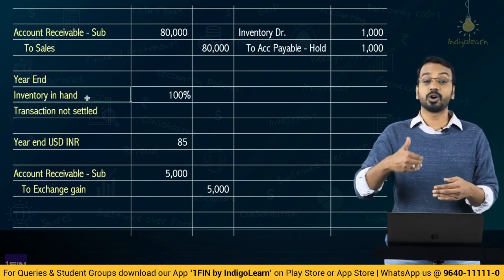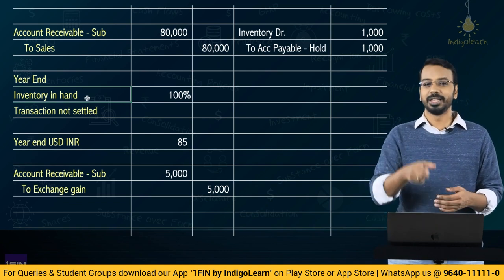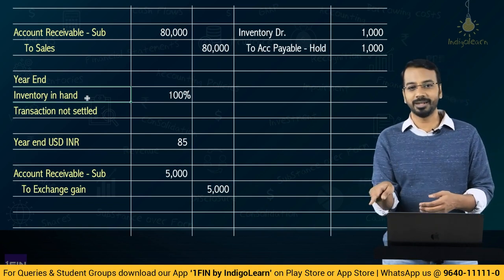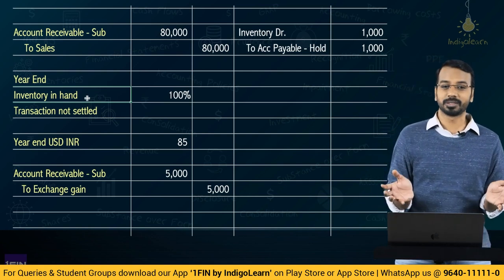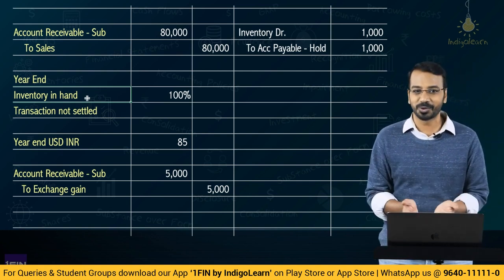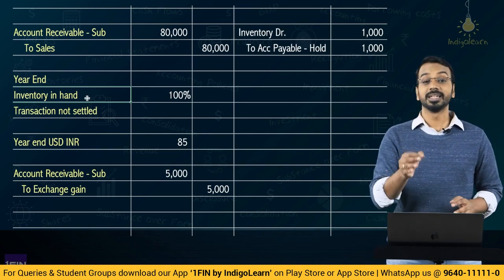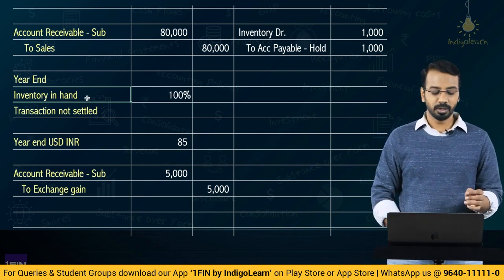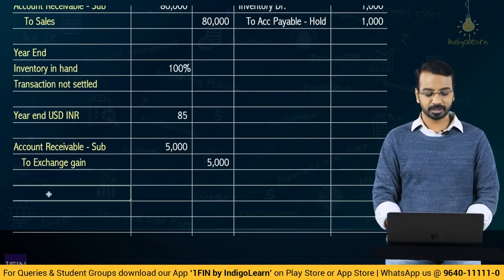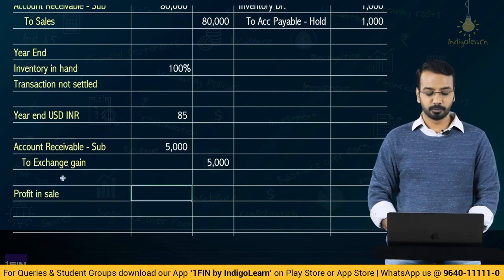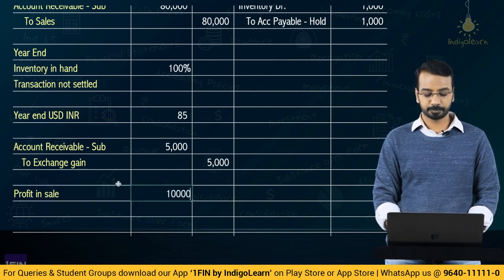The profit has not been earned by sale to outsiders. The father has sold the goods to the son and the father is saying, I made a profit of so much. But actually speaking, the family as a whole, profit is not yet made because the profit is not yet realized. So, say for example, the profit in the transaction is 10,000 INR.